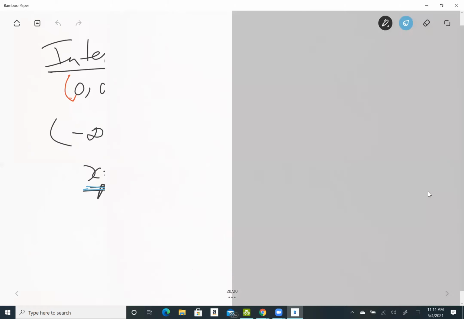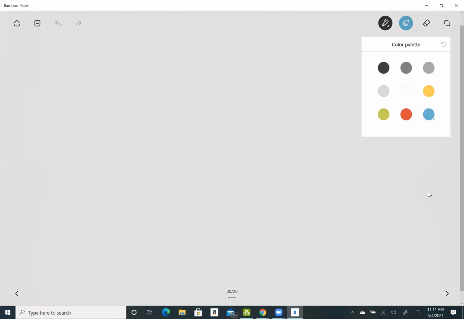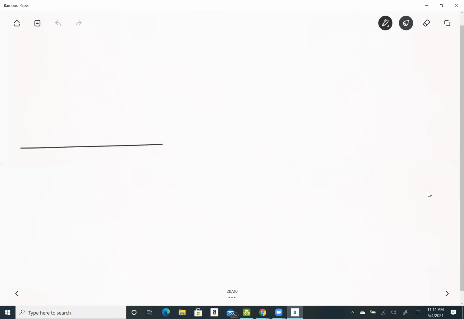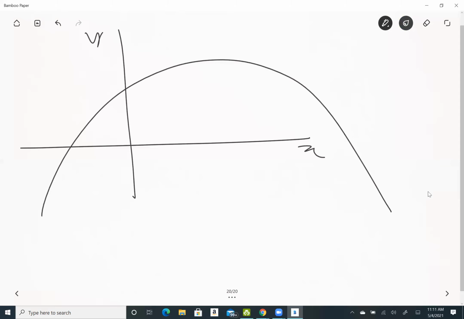So I will draw you a few more example curves to see it. Suppose I have the following. Suppose y prime equals 0 here at x equal to 5. Now tell me the intervals first.